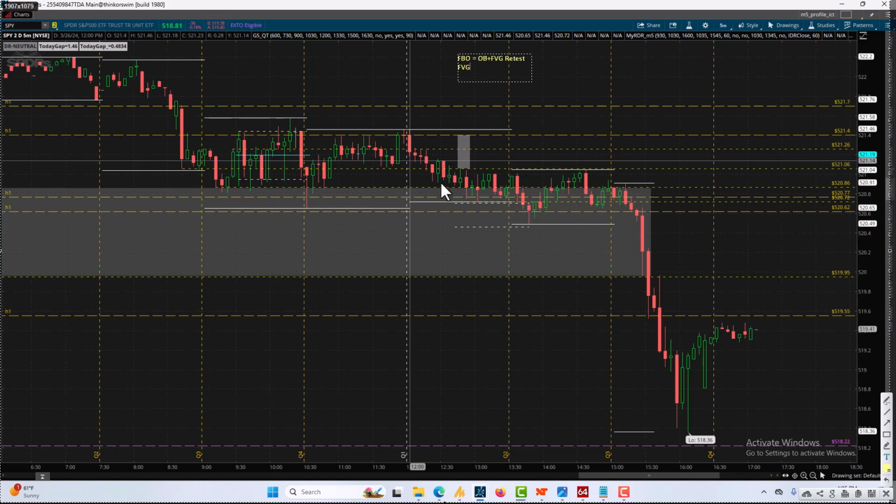Yeah, we're kind of confused, right? We see the fair value gap up, fair value gap down, up. We thought that was going to be a balanced price range, so it's just a retest and it's going to go up, but it's not. In this case, it breaks down.